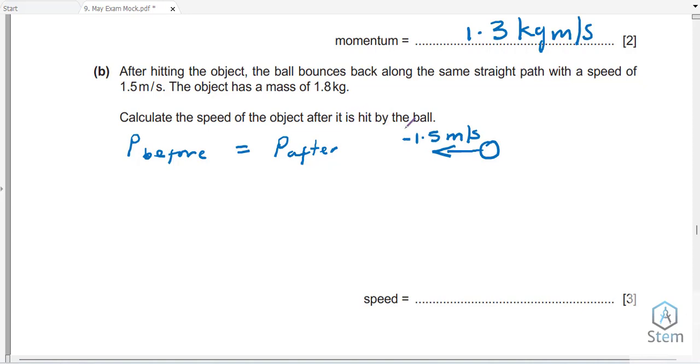When an object bounces backwards, if the original direction was positive, then the new direction is going to be negative. The object which was hit by the ball, let's assume it goes in this direction. So we have 0.19 kgs here, and we have 1.8 kgs over there.